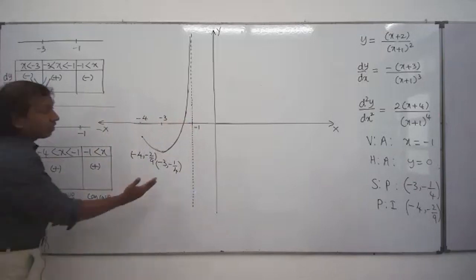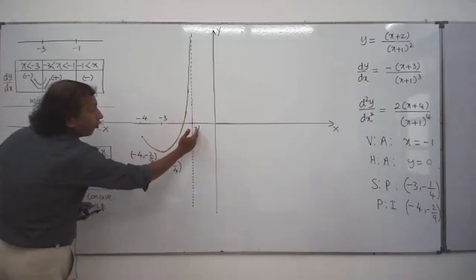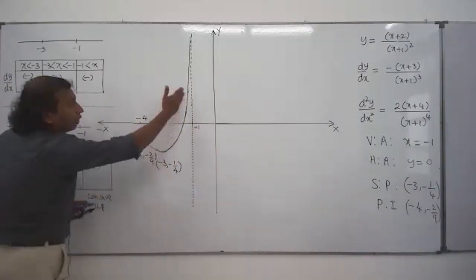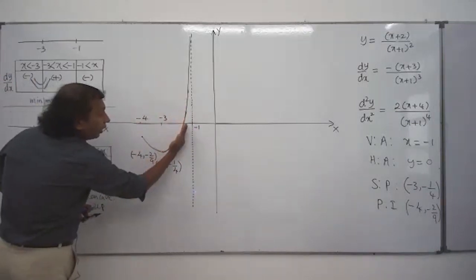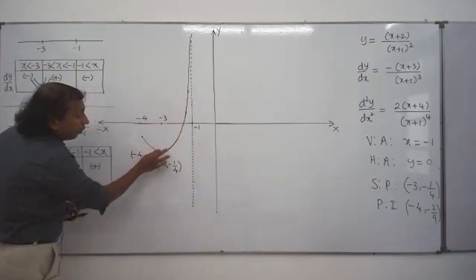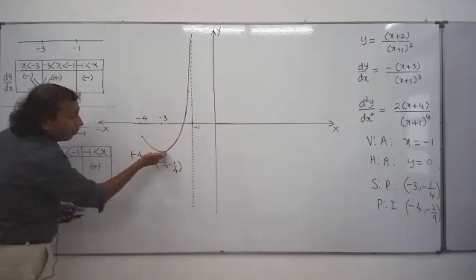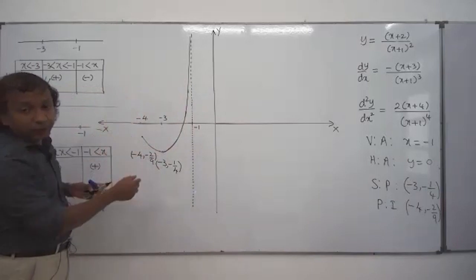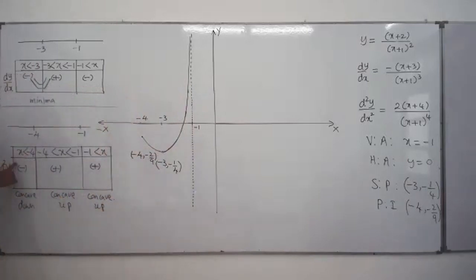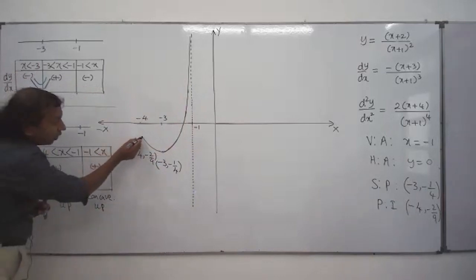That means when you construct tangents from -1 up to -4 region to this graph, the graph should lie above the tangents, correct? No? When we construct tangents like this, you can see the graph lies above the tangent. On the left of -4, people, concave down. Then after this point, the graph should be completely concave down, means should be like this.